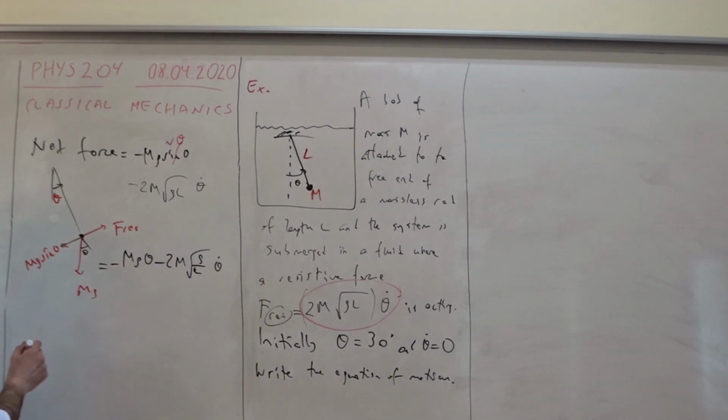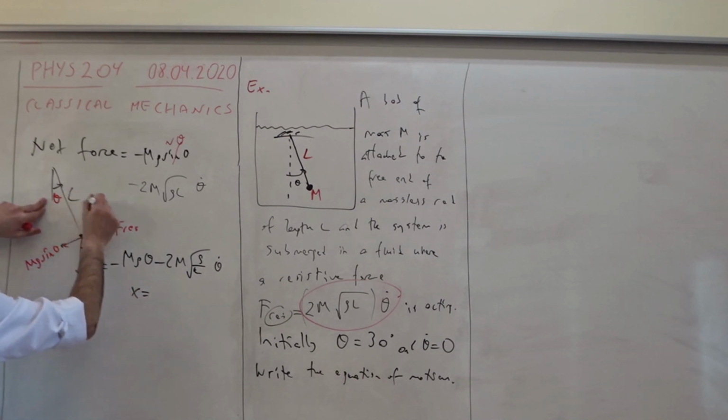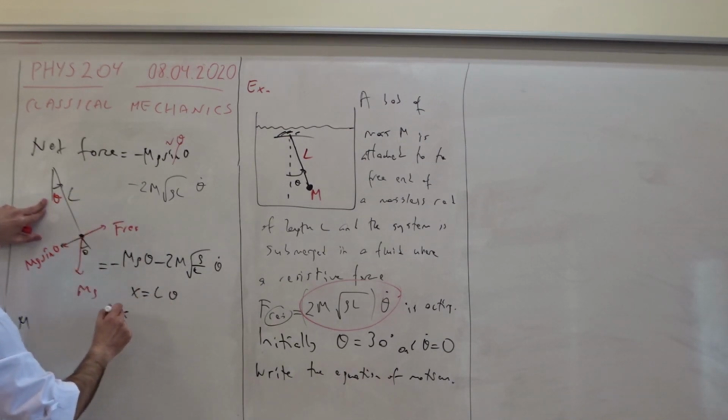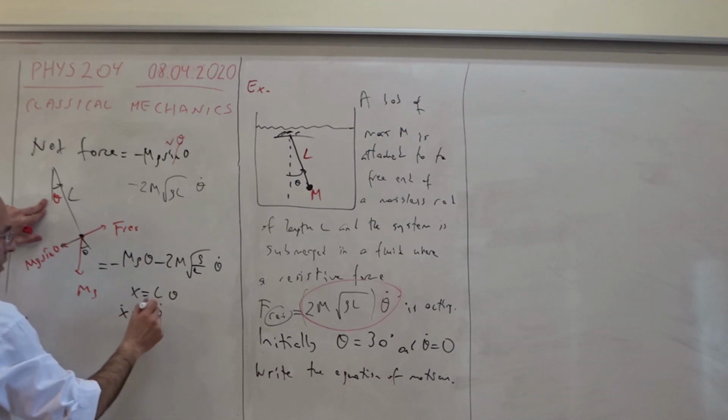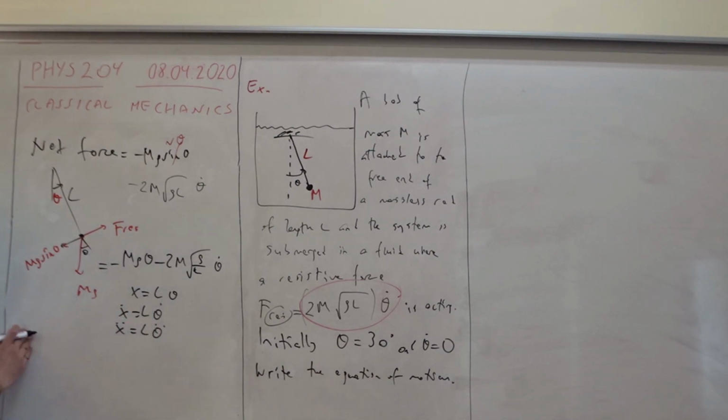So the equation will be mass times x double dot, but remember x is equal to length L times theta, so x dot is L times theta dot, x double dot is L times theta double dot. So we have mass times L theta double dot.